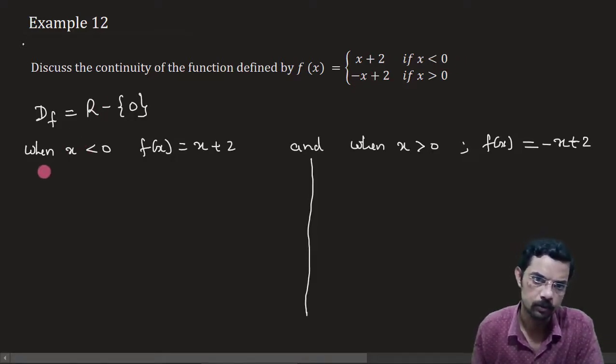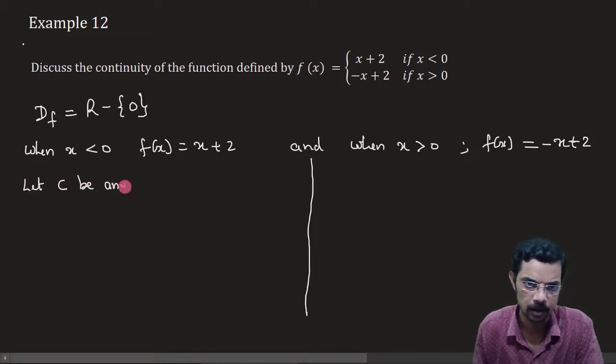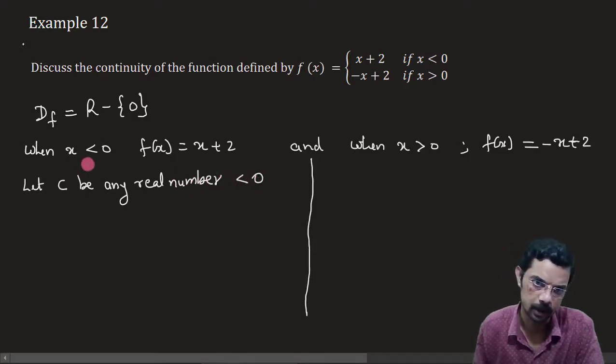Now for any c which is less than 0, first of all let c be any real number less than 0. Let c be any negative real number.